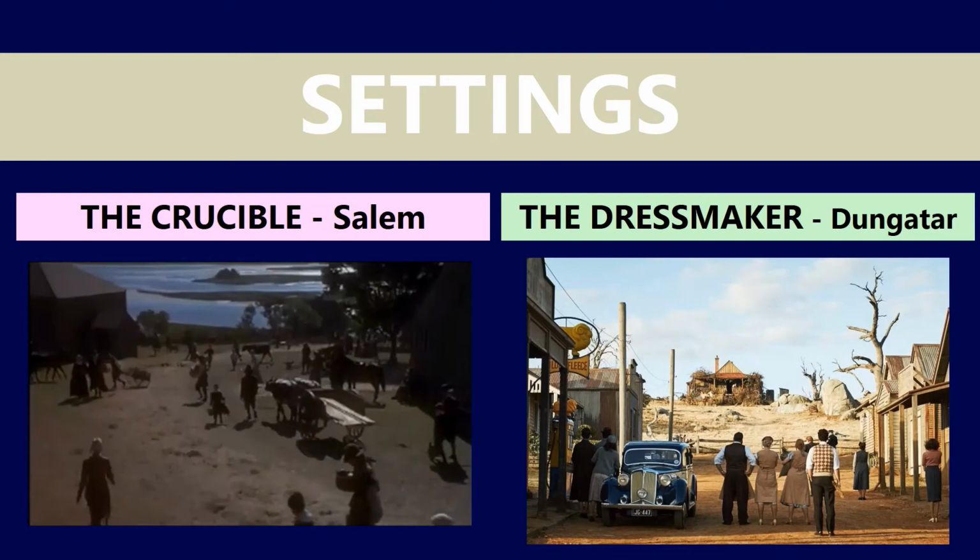They were starting to become, I guess, finding a little bit more economic prosperity, especially through trade. Dungatar, we know, is on a train line, and it's very easy to miss once you go past it. But once again, we've got the main road, the gravelly main road, and we've got the Dungatar house on top of the hill. But even looking at their clothing there, it's very much a 1950s rural area.